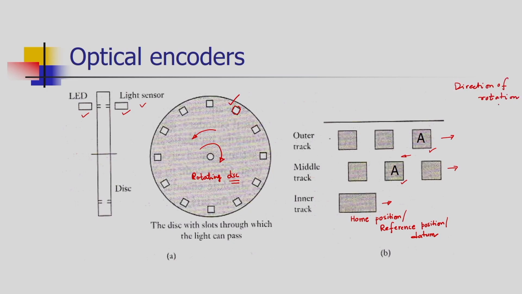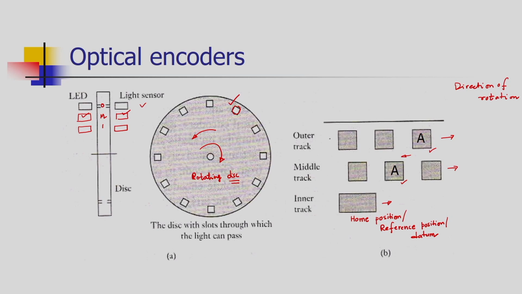To find out the direction of rotation, as I mentioned, we have an outer track, a middle track and an inner track. For this purpose we need three arrangements, one each for the outer, middle and inner track. These sets of LED and light sensors are arranged in line, so there is no offset.